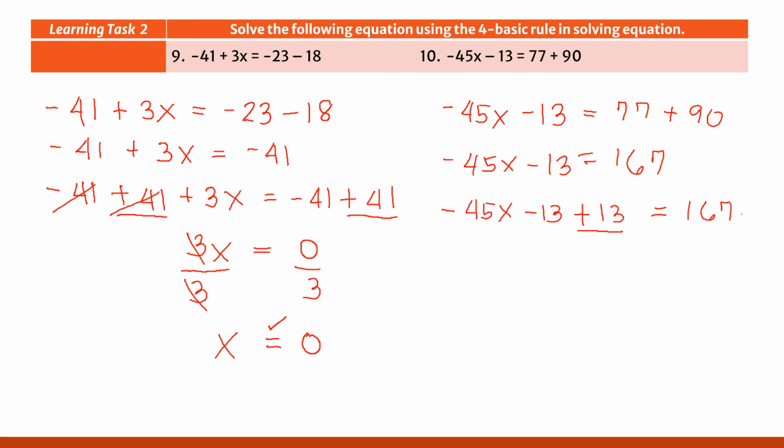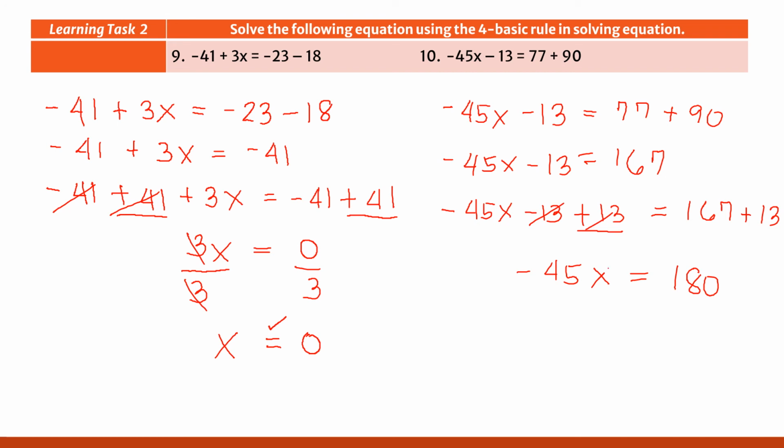Addition property of equality. Okay? So, remove or cancel negative 13. Ano ang natira? Negative 45x. And what is 167 plus 13? So, kapag in-add natin yung 167 plus 13, the answer is 180.